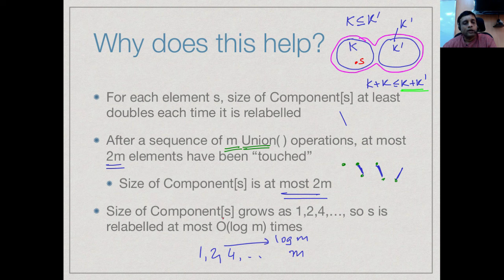So therefore, a fixed element S can be relabeled at most log m times. Because we have this doubling, the number of times an element can move into a new set is restricted, because each time it moves, the size of its component doubles, and there's a limit on the largest component it can belong to.